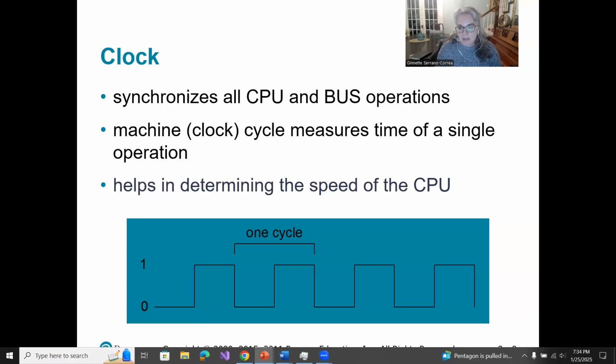An operation can take one clock cycle, two, three, four, it depends. The more clock cycles it takes, the slower that operation is processing. But each instruction has to take at least one clock cycle. One clock cycle has to happen, even if it's faster than a clock cycle. Everything takes at least one clock cycle.